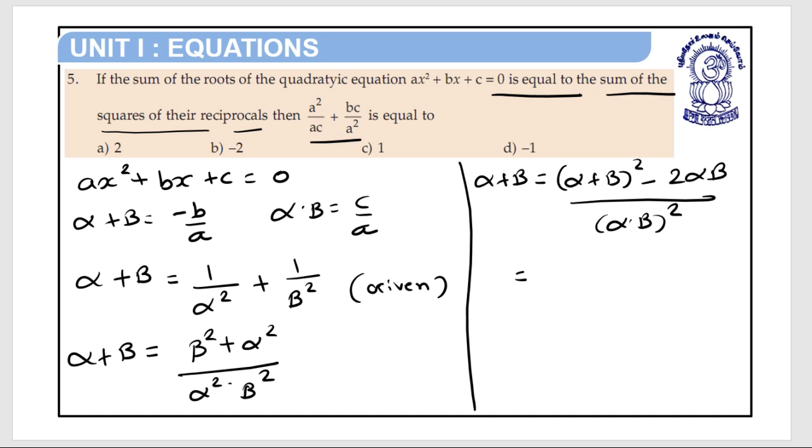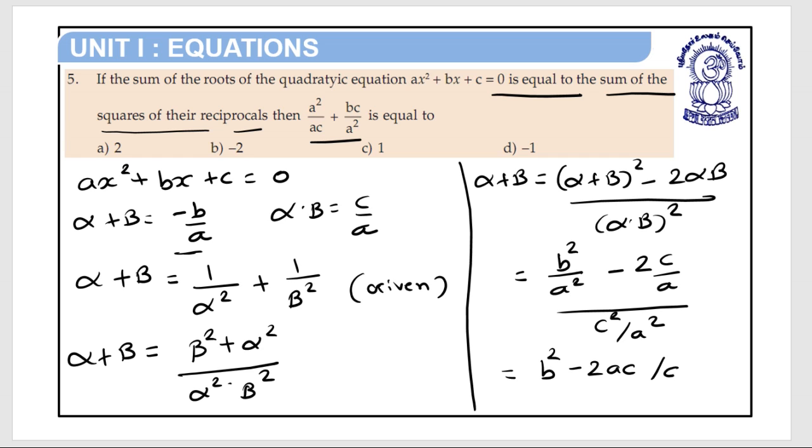Alpha plus beta is minus b by a, so b square by a square minus 2 alpha beta, c upon a, upon c square by a square. So b square minus 2ac upon a square by c square upon a square.